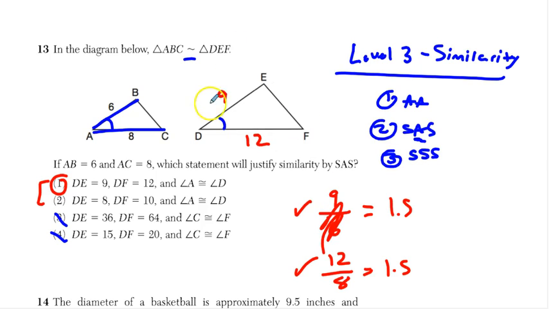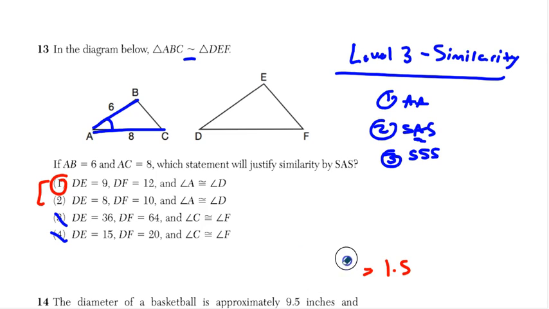And let's just take a quick look at why the next one wouldn't be true. If we chose number 2, that's a bad answer, and let me show you why. We know at this point that ratios of similar triangles are going to be the same. So in this case, it says DE is 8, DF is 10. So that means 8 is to 6 is the same as 10 is to 8.